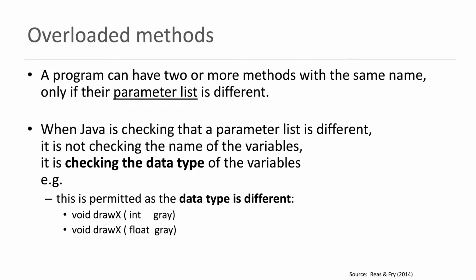When Java is checking that a parameter list is different, it's not checking the name of the variables, it's checking the data type of the variables. So for example, this is permitted as the data type is different, i.e. void draw x int gray and void draw x float gray.